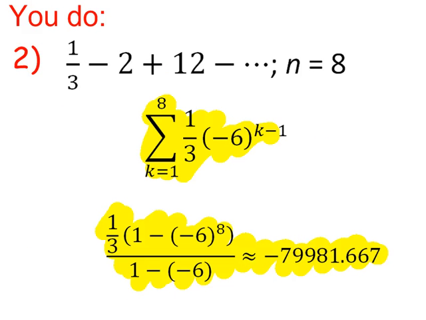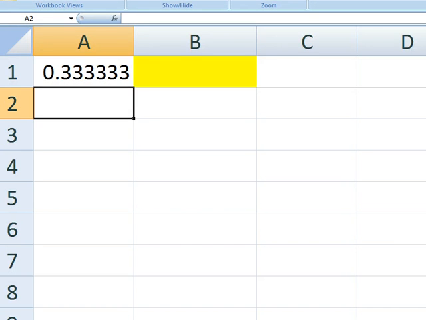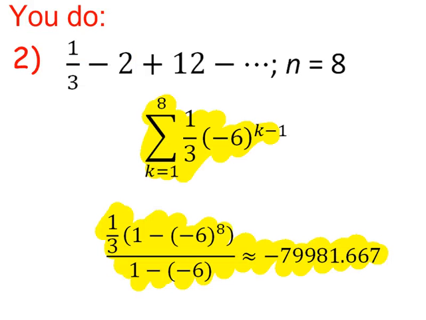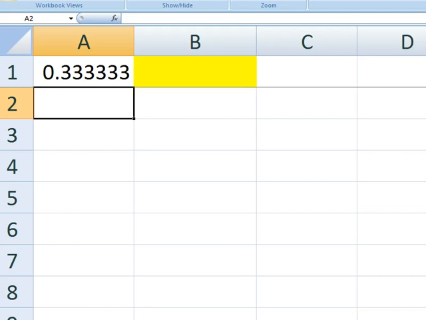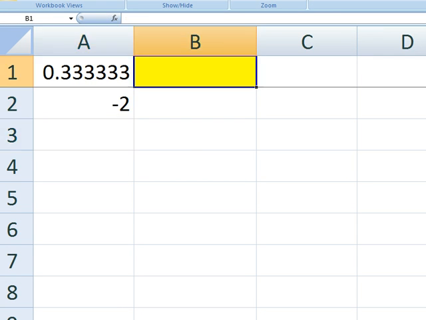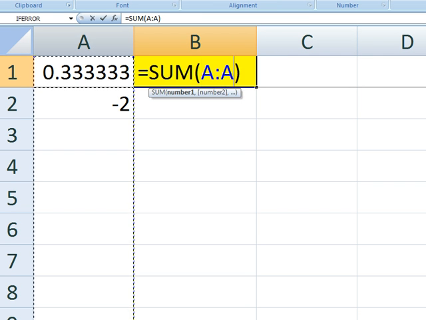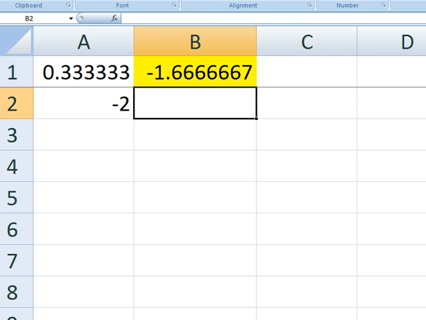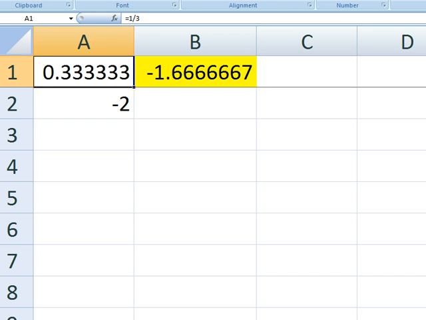Notice that we got a negative answer in this one. If that surprises you, let me give you a quick insight. For this particular one, the common ratio was, let's see, negative 6, right? So if I take each term in Excel, and I say each term is the previous term times negative 6, and then I make the sum of this column, notice that when I add just the first two terms, I get a negative sum.